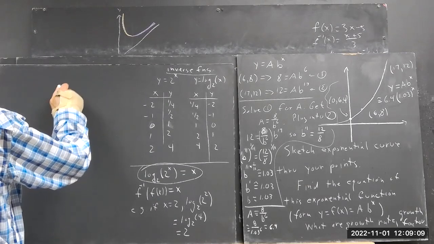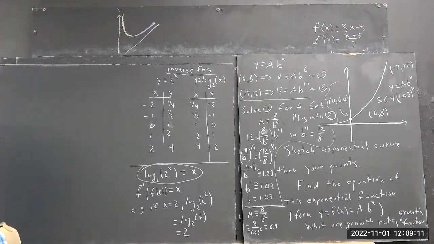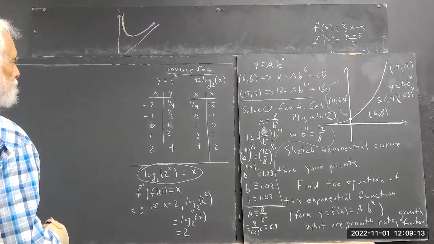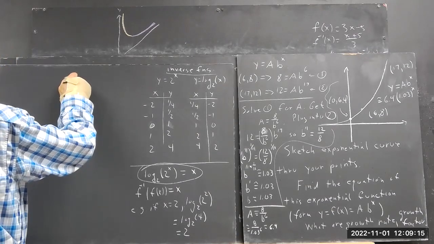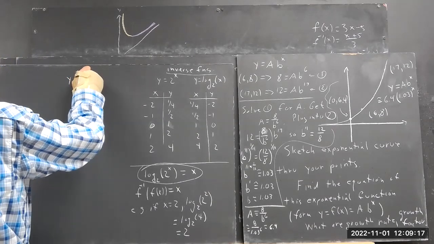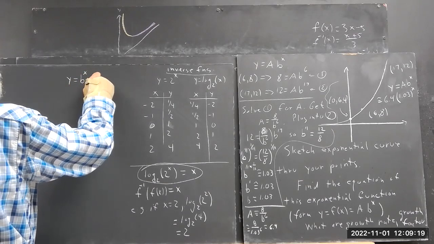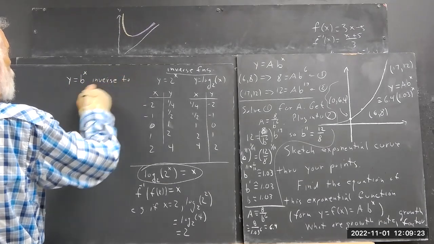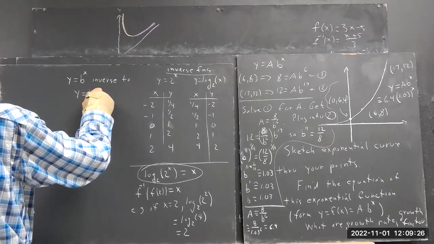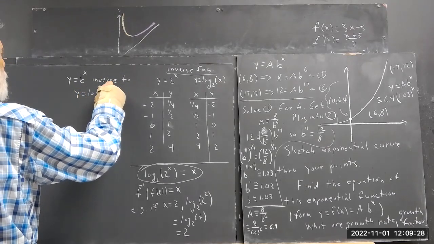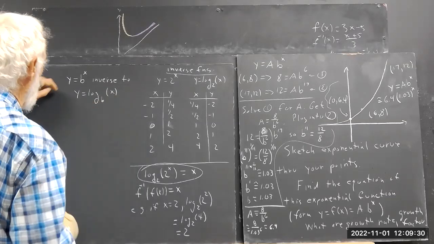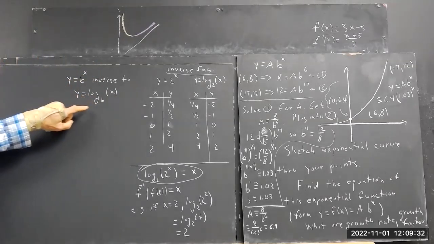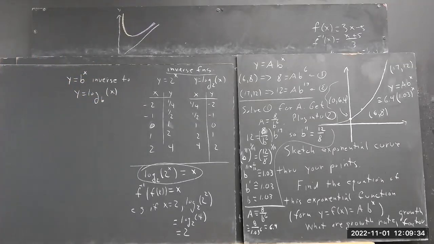So in general, y equals b to the x is inverse to y equals log base b of x.